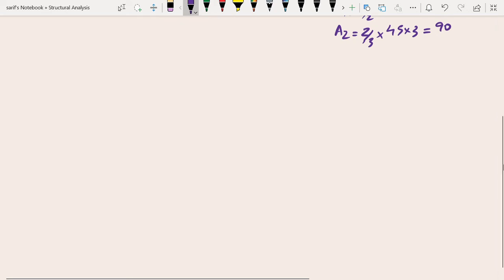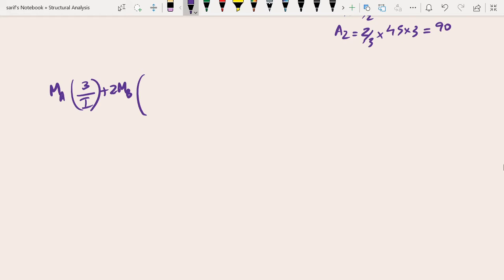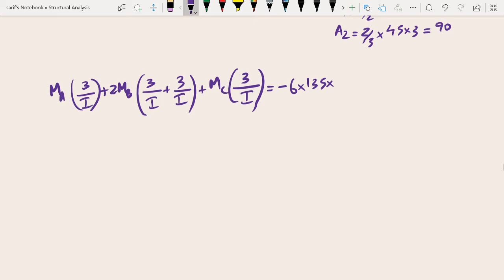That is MA into L1, which here is 3 divided by I, plus 2MB into L1, which is 3 divided by I, plus L2, which is also 3 divided by I, plus MC into 3 divided by I, is equal to minus 6 into A1, which is 135, into X1, which is 1.5, divided by I1 L1, where L1 is 3, minus 6 into 90 into 1.5 divided by I into 3.